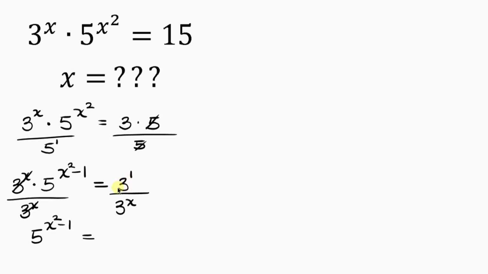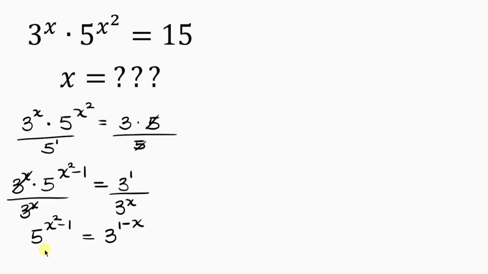And since I have the same base, 3 at the top and 3 at the bottom, I can take the base, which is the common base, 3, and subtract the powers. The power at the top is 1 minus the power at the bottom is x.